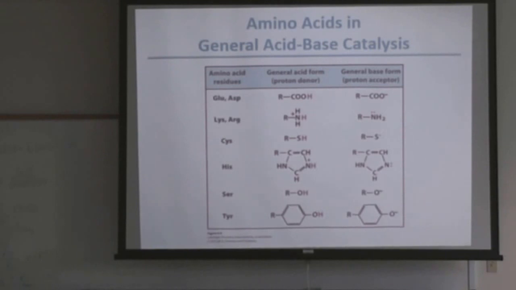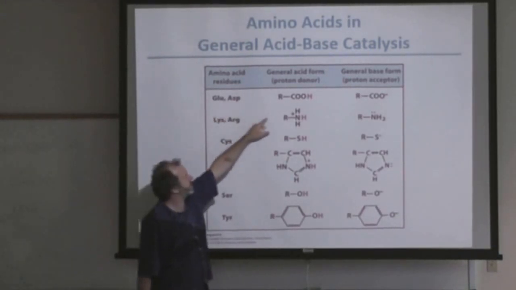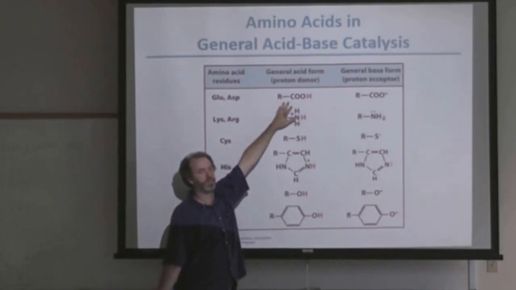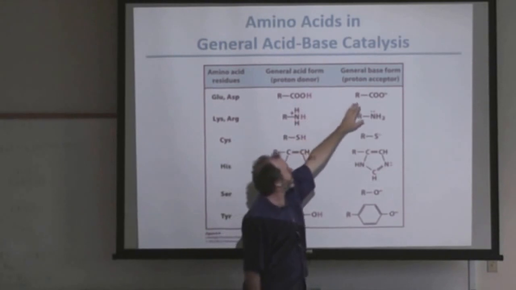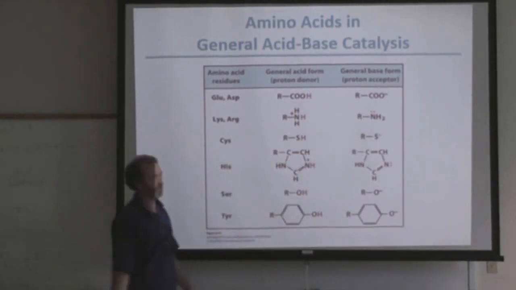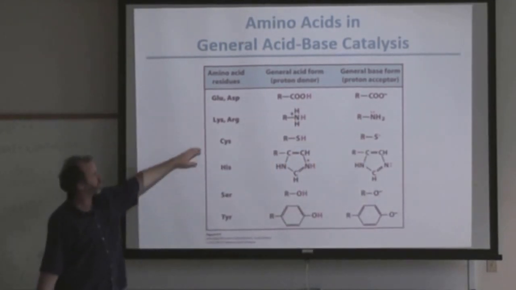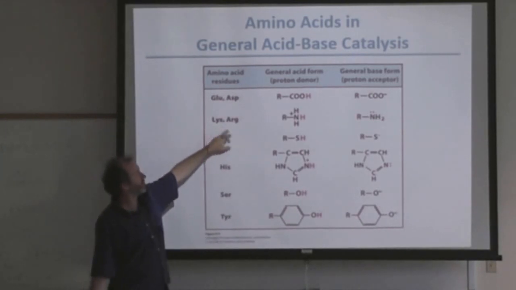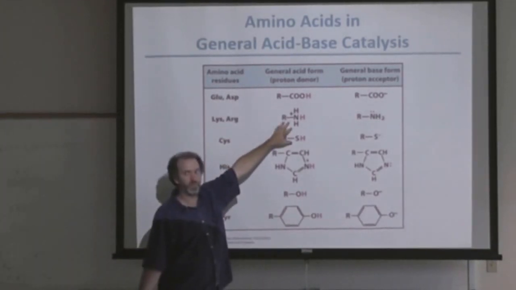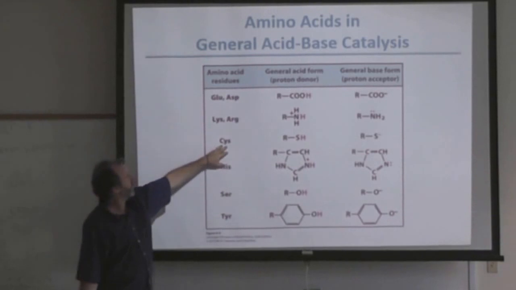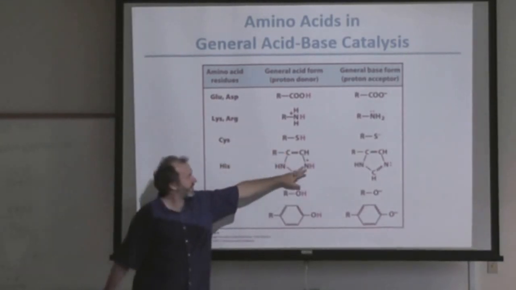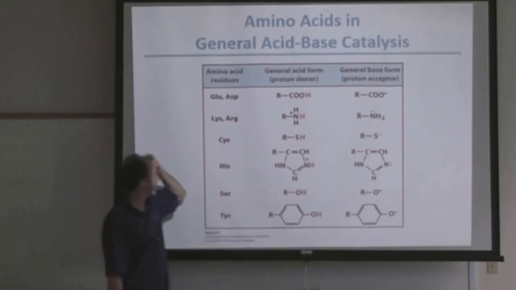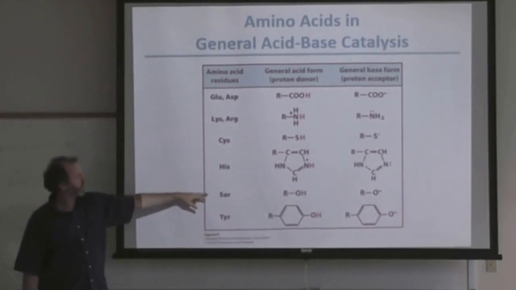So for amino acids in general acid-base catalysis, glutamic acid and aspartic acid have a carboxylic acid group as a proton donor, and the conjugate base can act as a proton acceptor. Lysine and arginine have amine groups that can accept and donate a proton. Cysteine has a thiol group. Histidine has this group here that can accept and donate a proton.